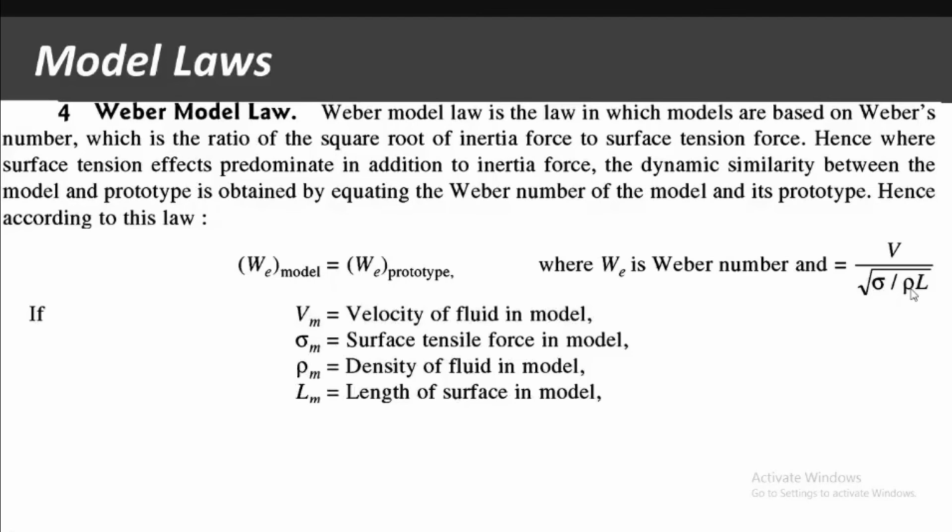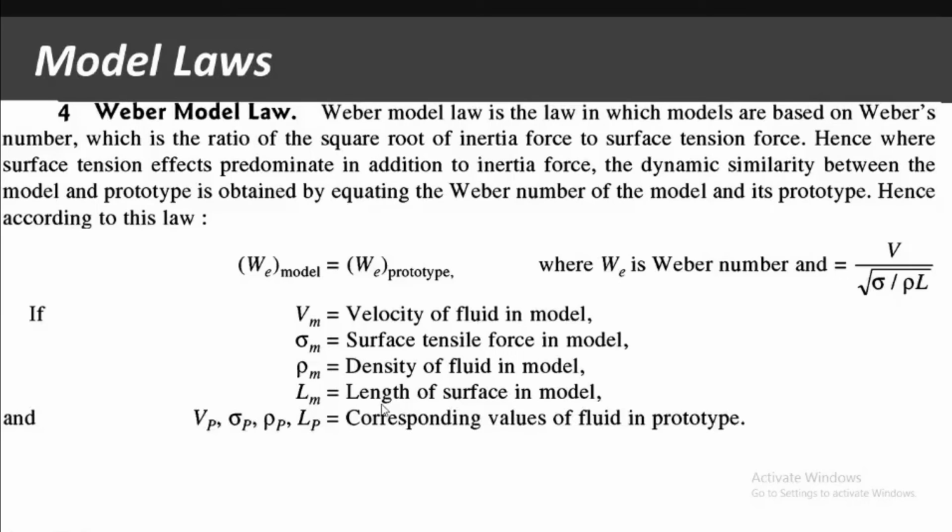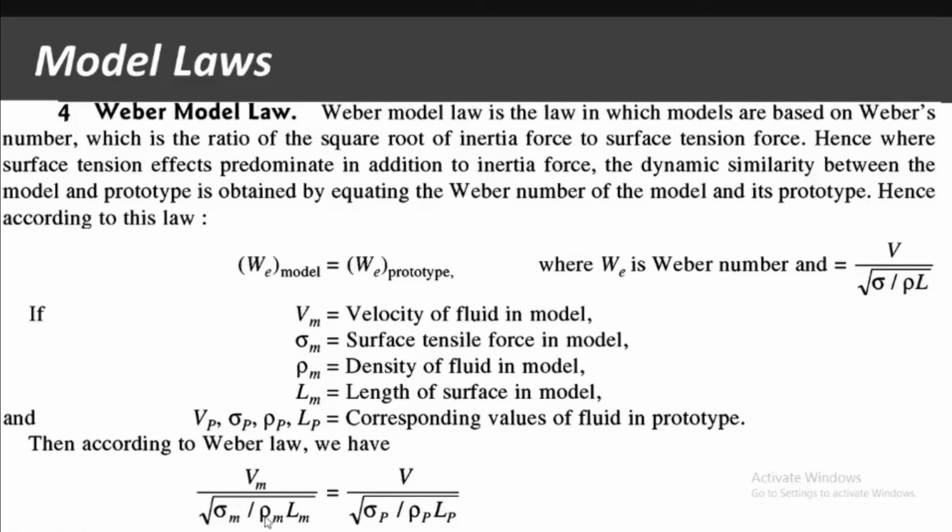Therefore, we can say if Vm is the velocity of fluid in model, sigma m is the surface tension of the fluid in model, rho m is the density of fluid in model, and Lm is length of the model, and similarly Vp, rho p, sigma p and Lp are the corresponding velocity, density, surface tension and length of prototype, then as per this law, Vm divided by under root of sigma m divided by rho m Lm equals Vp divided by under root of sigma p divided by rho p Lp.